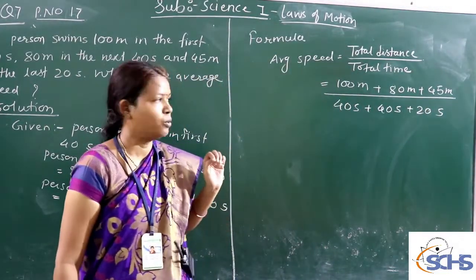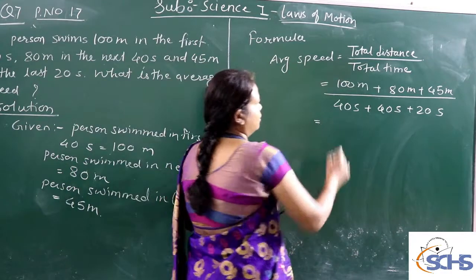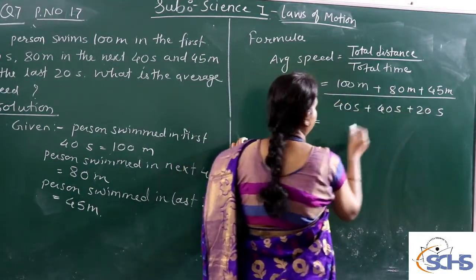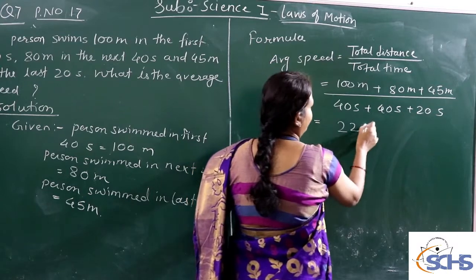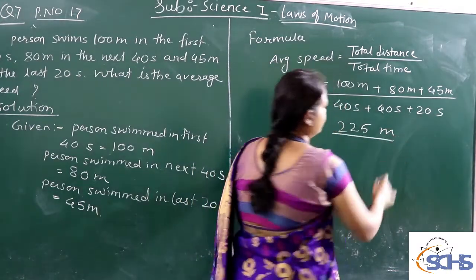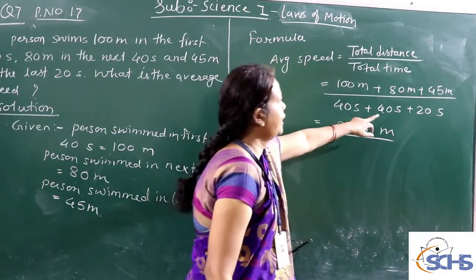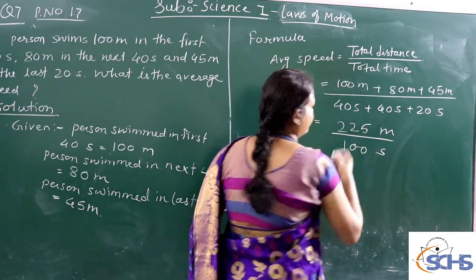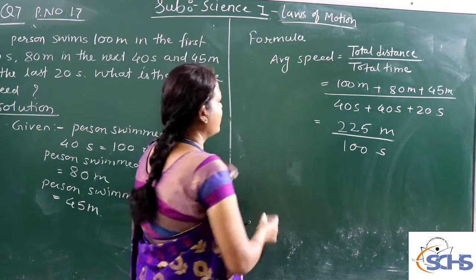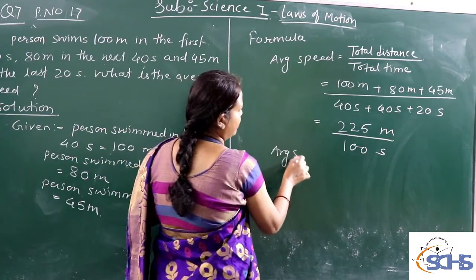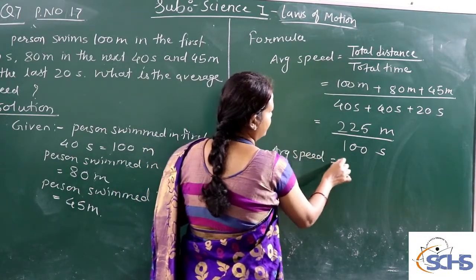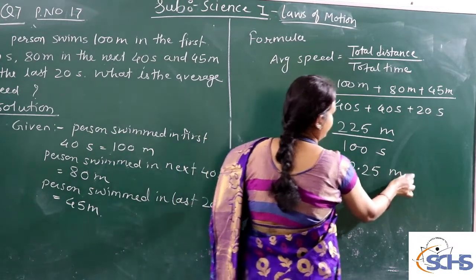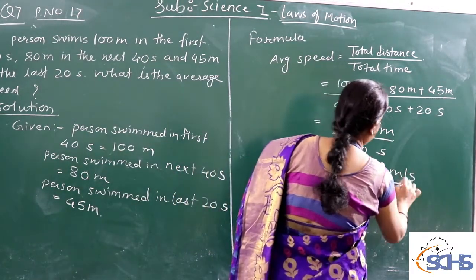Understood up to this? Okay. Now solve this. 100, 180. This becomes 225 meter. 40, 40, 80 plus 20, it is 100 second. That's why average speed is equal to 2.25 meter per second.